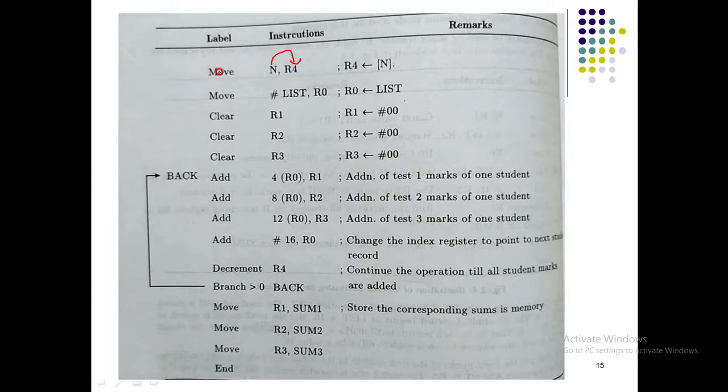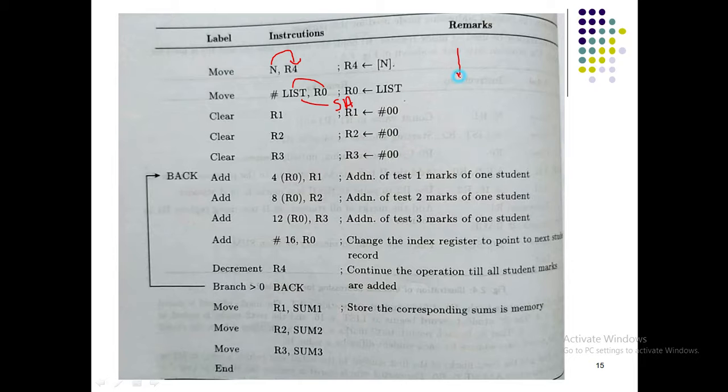Next thing, we'll be moving the list. Whatever the list values we have, the values of list will be moved into your register R0. So whatever the whole list is there, it will store the starting address, SA, of this list, so that from there it goes on reading.